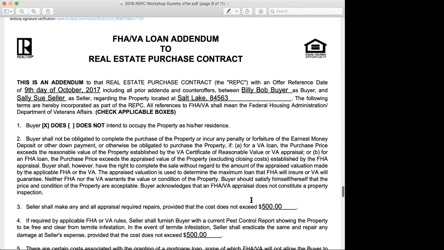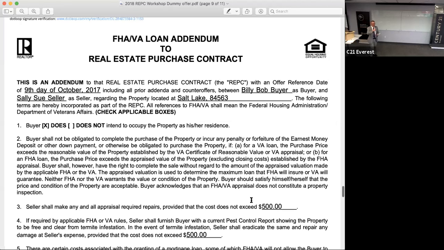All that it is is you're getting the seller to agree in advance that if the appraiser says they need to fix stuff, they will spend up to this amount of money to fix those things. Now, the truth is, if they want to sell their house to an FHA buyer, it doesn't really matter what you put in there, they're going to have to fix it. Because if FHA requires it and the seller won't do it, the buyer's not getting an FHA loan.